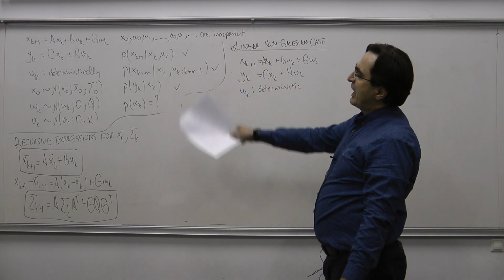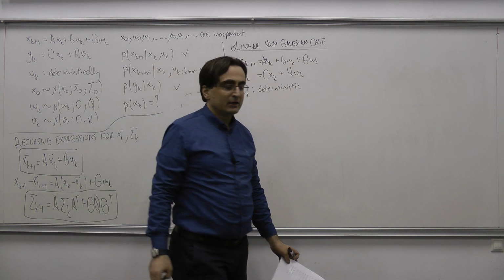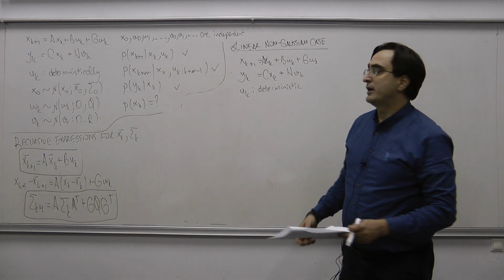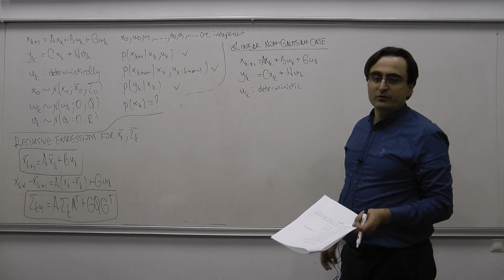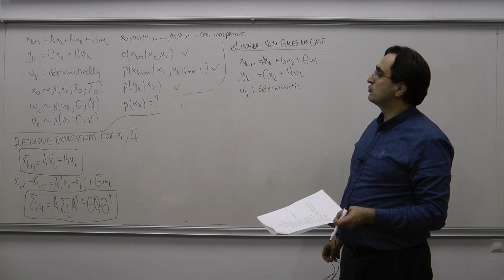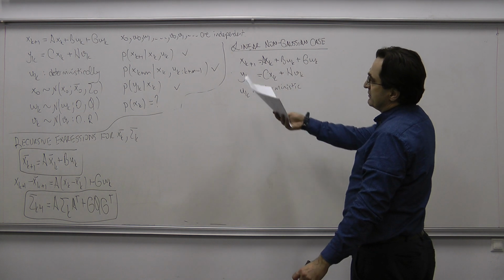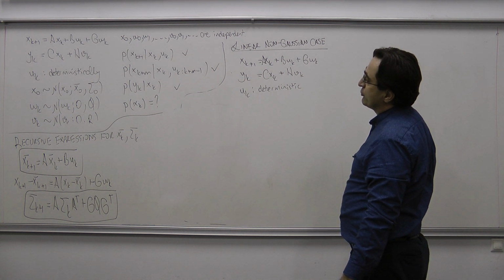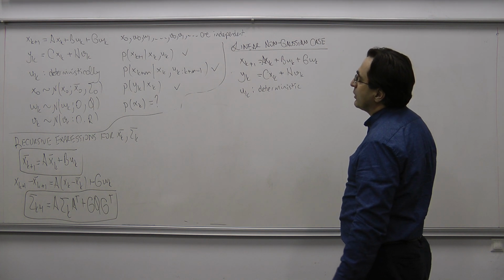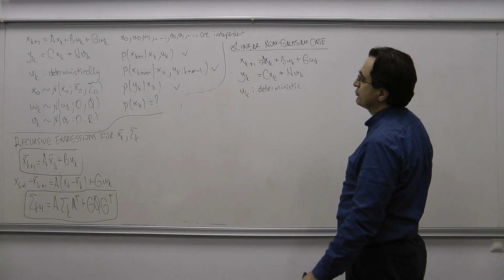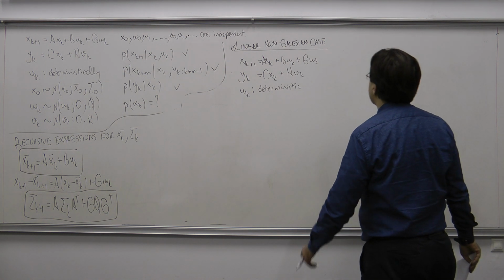But instead of having x_0, w_k and v_k as Gaussian random variables, we might have different distributions than the Gaussian distribution for them. I can leave the distribution unspecified, so that we know they are non-Gaussian, but I can give you just the means and the covariances.